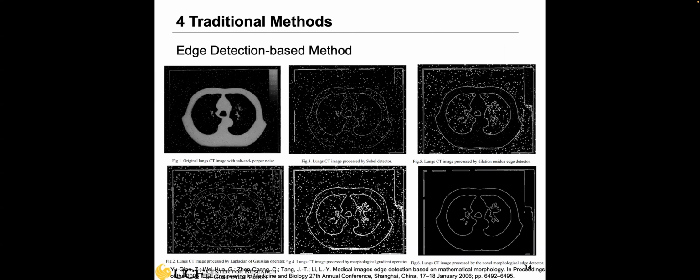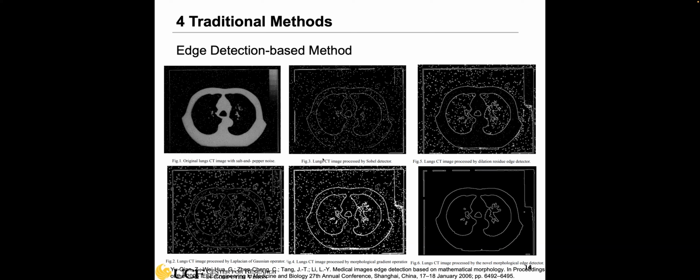We also have the edge detection based method. Edge detection is also a very basic low-level task. We want to detect the edges. We can use edge detectors like the Canny edge detector or Sobel edge detector to detect these edges.